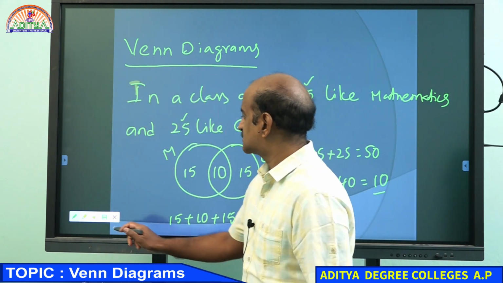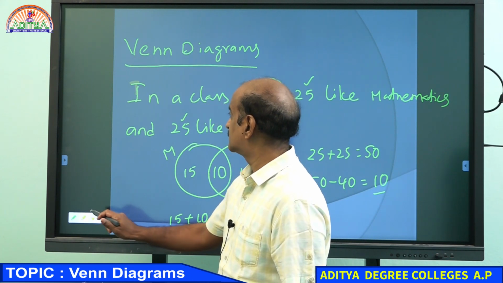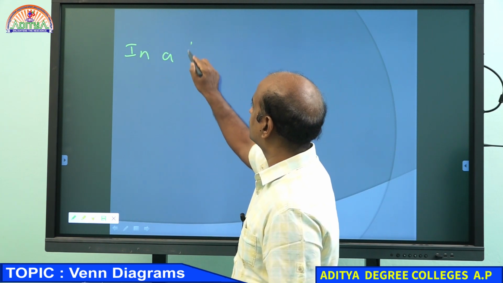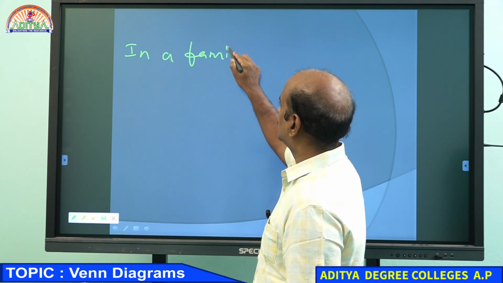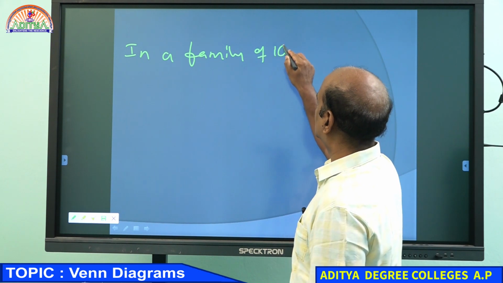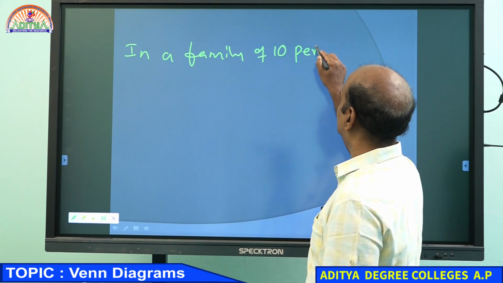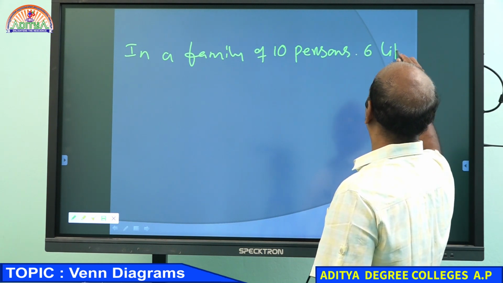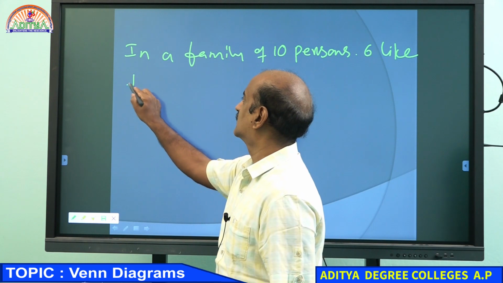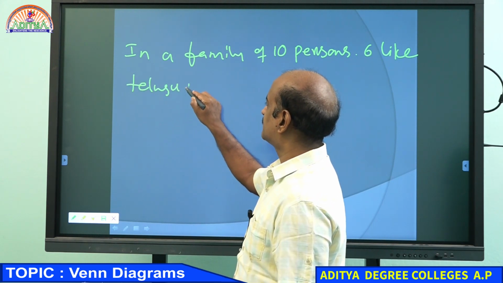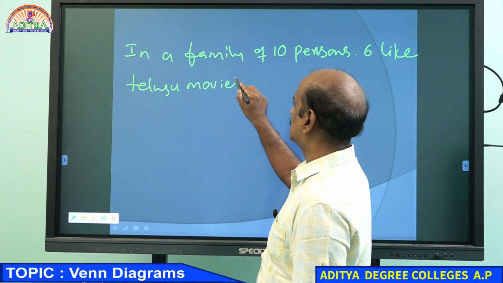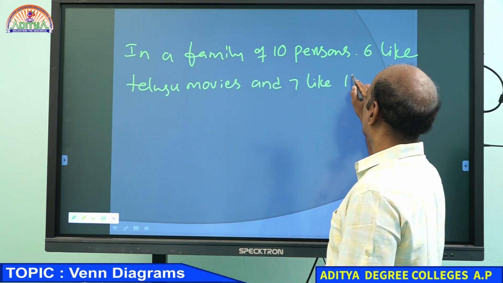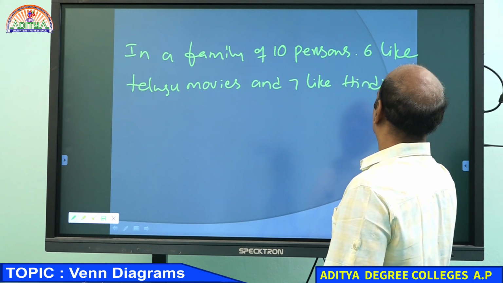For example, students, if I give you some information something like this: in a family of 10 persons, 6 like Telugu movies, and 7 like Hindi movies.